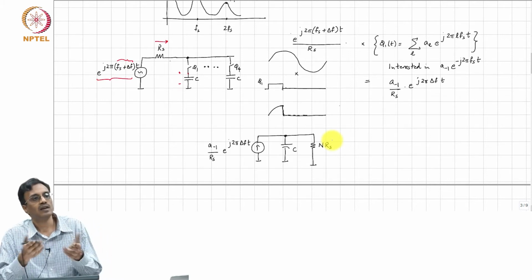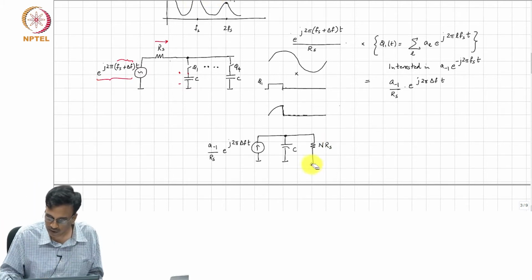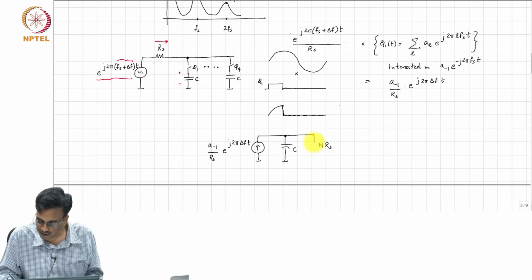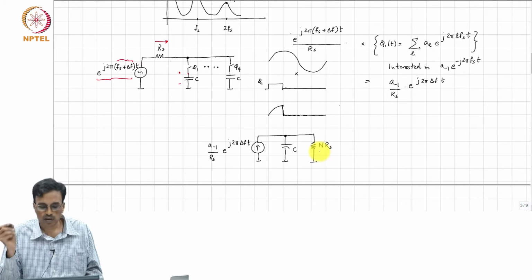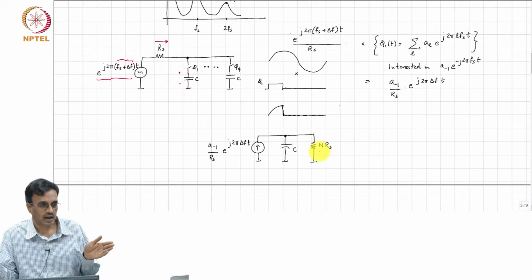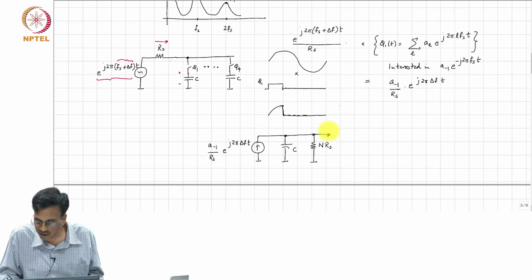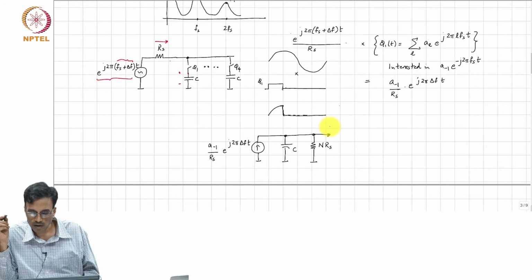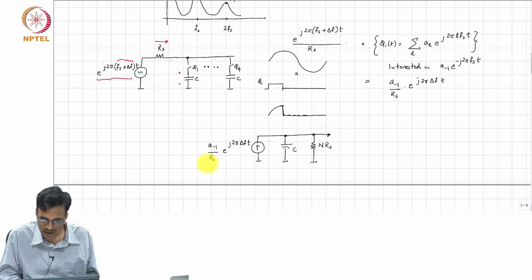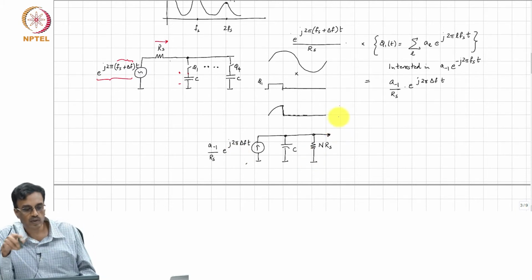If you want to represent it as a fixed resistor, as far as the low frequency current is concerned, you can think of it as a resistor which is n times larger but is on for the entire duration. So if you take this current and pass it through this impedance, you will get the low frequency component of the voltage across the capacitor.